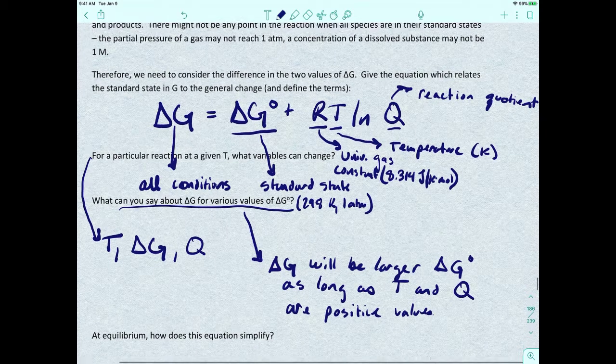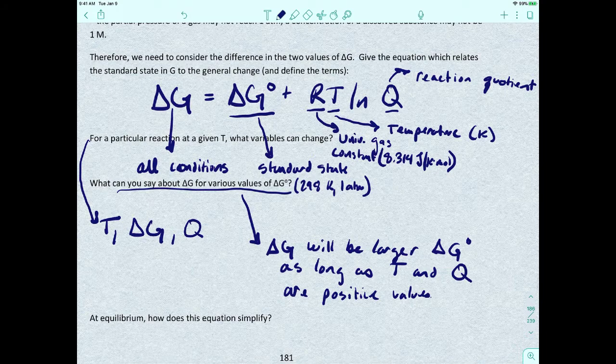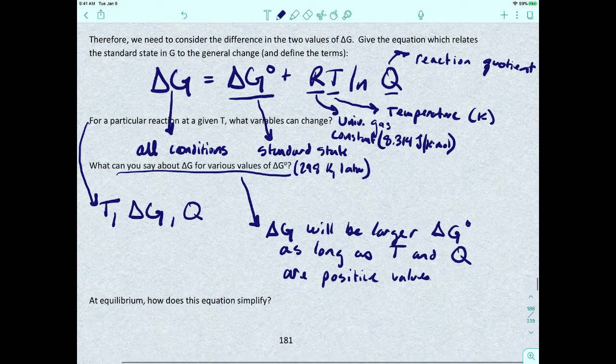Now, temperature, because we're dealing with a Kelvin system, 0 degrees Kelvin is the coldest that you can actually go. So you can't go negative on temperature. So that's good. So it really comes down to Q.